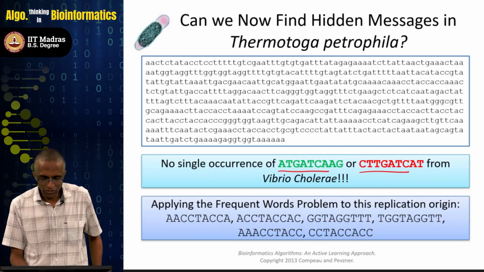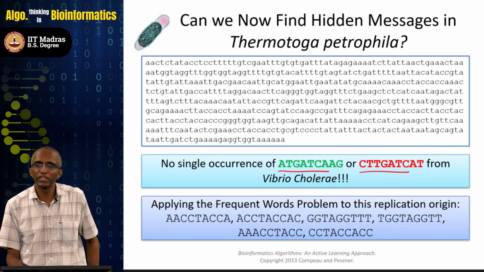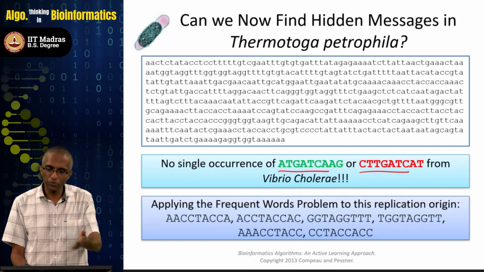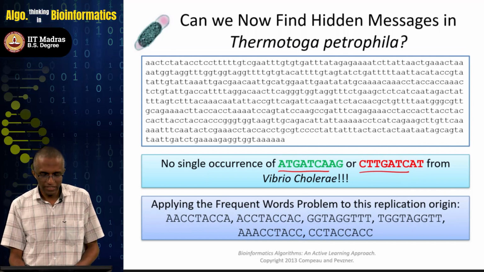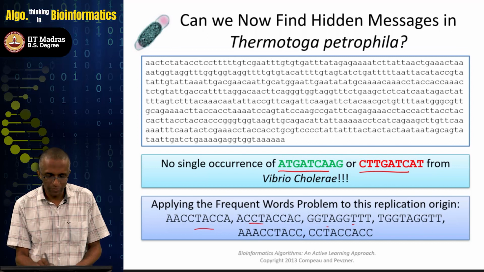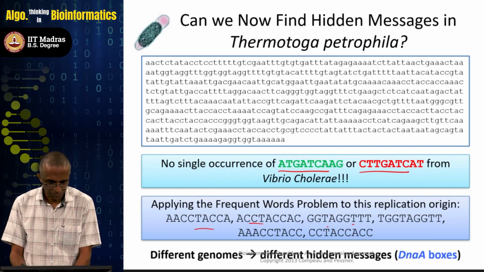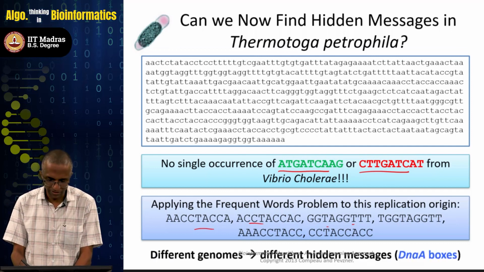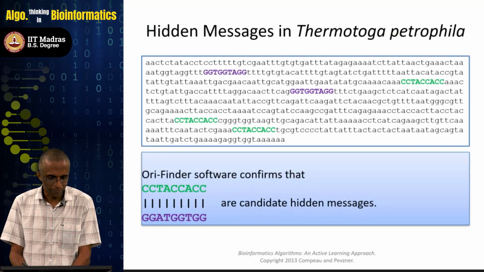We cannot simply scan for known motifs from other organisms. We just apply the frequent words problem again to this particular replication origin, and we get these different words. All of these k-mers appear frequent in this sequence, which reiterates that different genomes will have different DNA boxes or hidden messages.